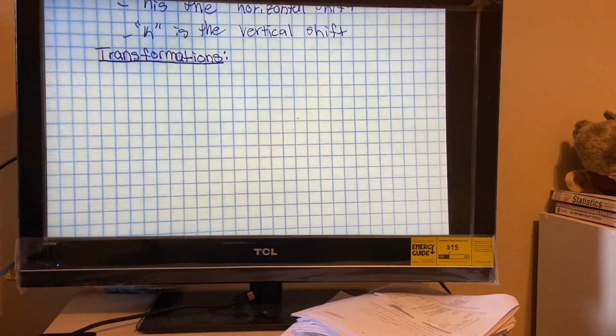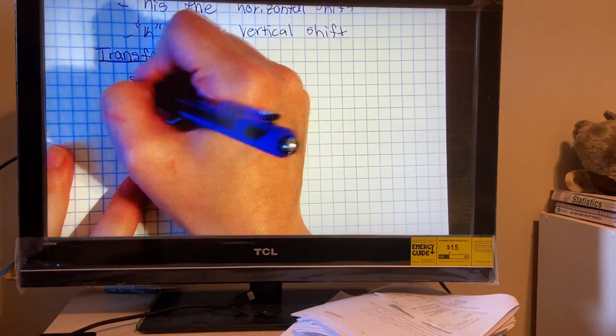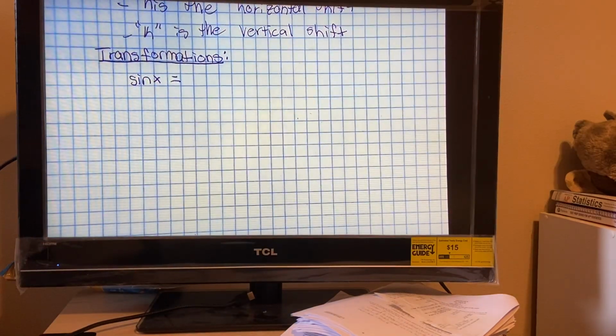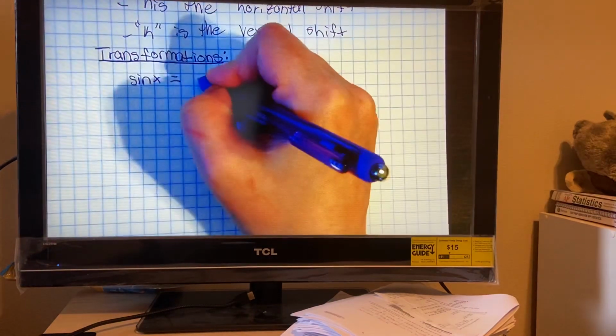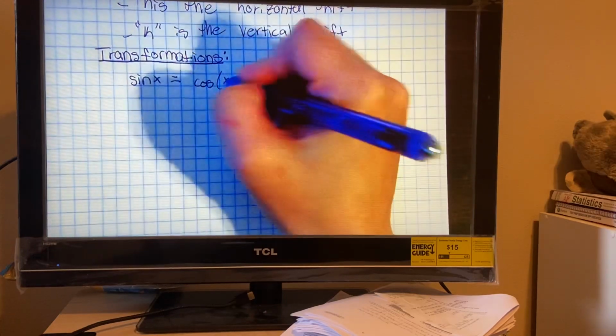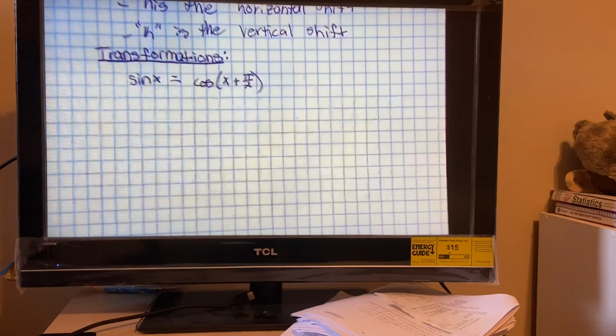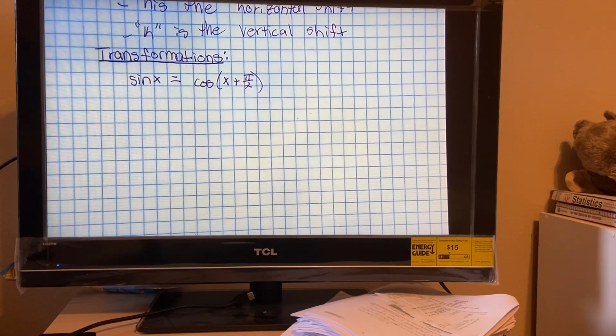Okay, so the transformations, if you have the sine, it turns into cosine by moving pi over 2. Now you have to move pi over 2 in the right direction for it to match. And it's actually, cosine is the sine moved pi over 2 to the left. So it'd be cosine of x plus pi over 2 is the transformation from sine to cosine.